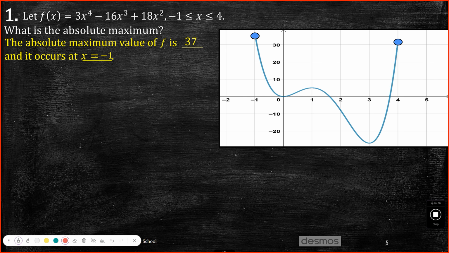So what is the absolute minimum? Where does it look to be the absolute minimum at? X equal to what? X equal to 3.